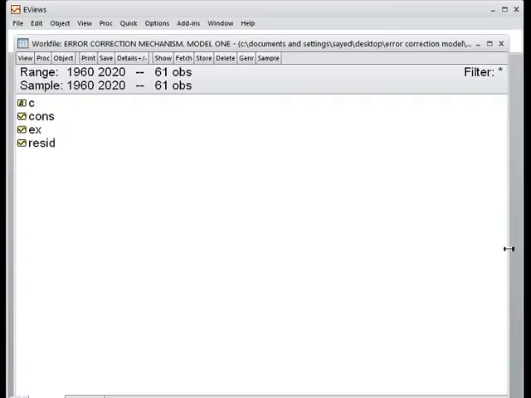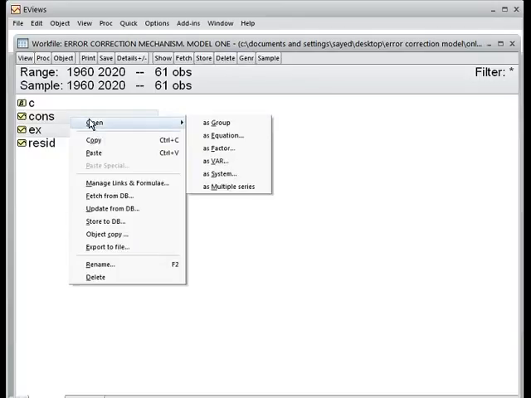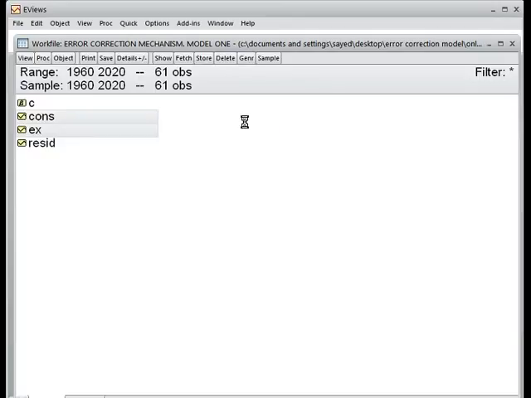Okay, here we have time series data of cons and ex. What is cons? Cons is consumption and ex is export. So we have two variables, and I'm opening these two variables as a group.